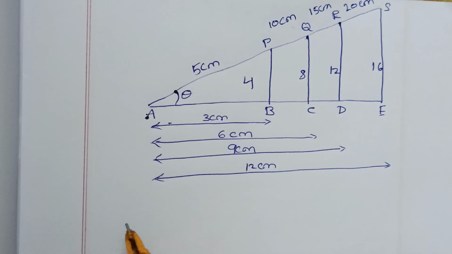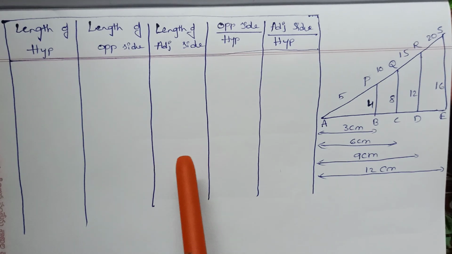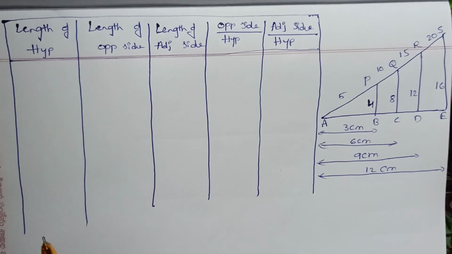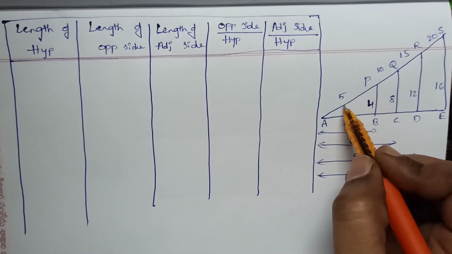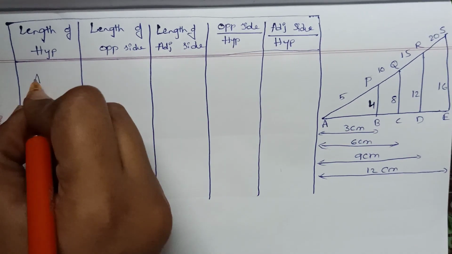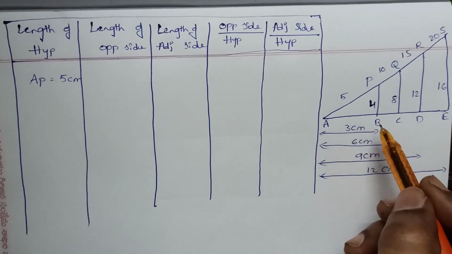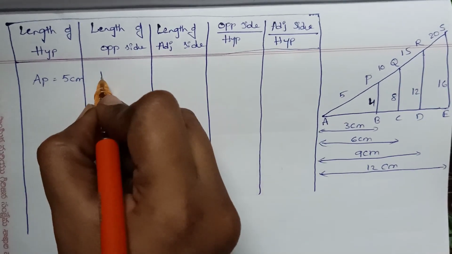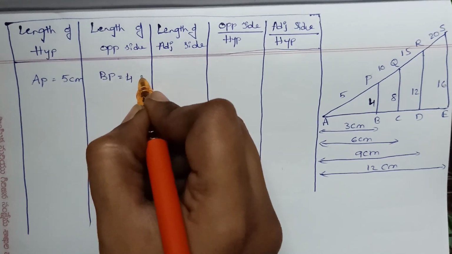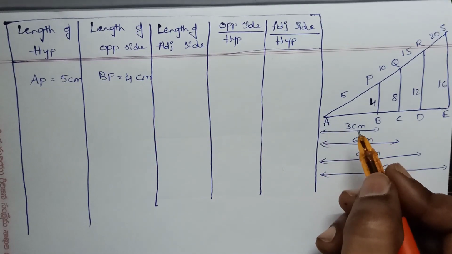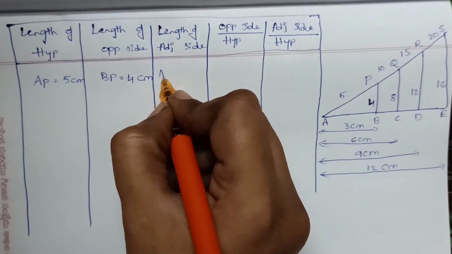Next, we draw the table. I have taken this table from the textbook. Length of the hypotenuse AP is 5 centimeters. BP is equal to 4 centimeters, length of the opposite side, and length of the adjacent side AB is equal to 3 centimeters.